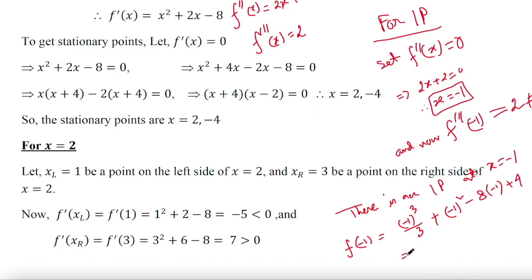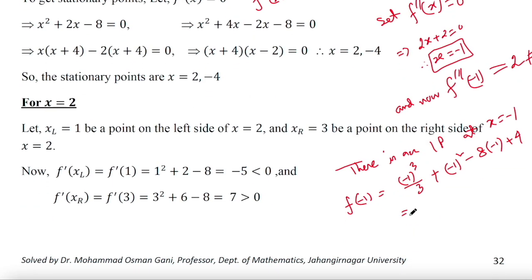This equals -1 whole cube, which is -1, because we know -1 to the power even is +1, and -1 to the power odd number is -1.